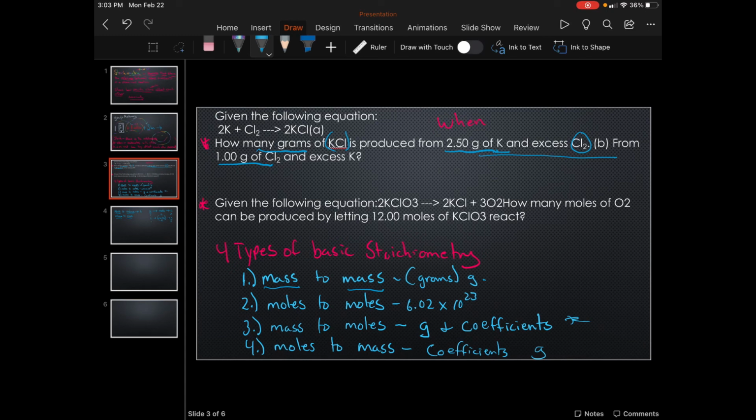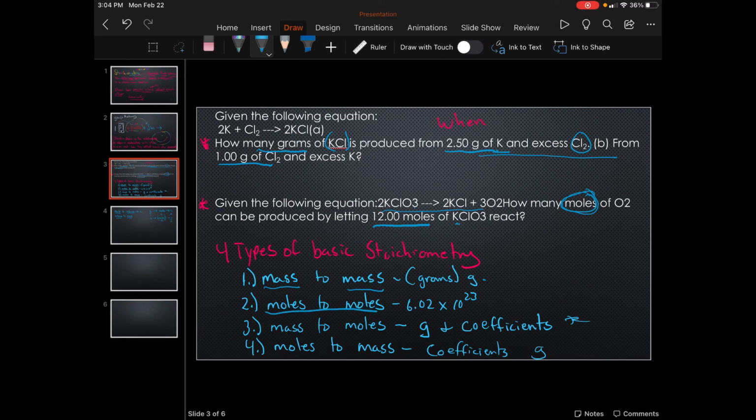And then this one down here is given the following equation right here, 2 KClO3, and I forgot to make this into subscripts. Here's your equation. And then, so you're looking how many moles. So you started here and you're asking for moles of O2 can be produced by letting 12 moles, and that would be a moles to moles conversion, right?